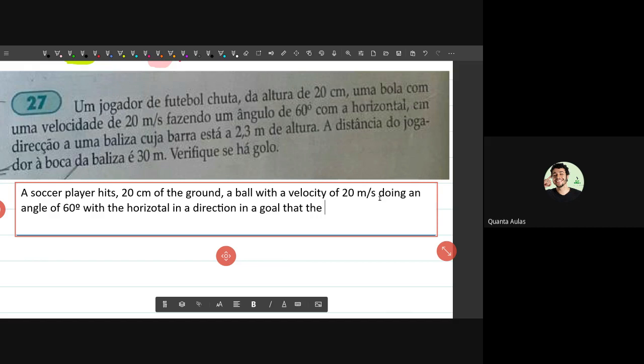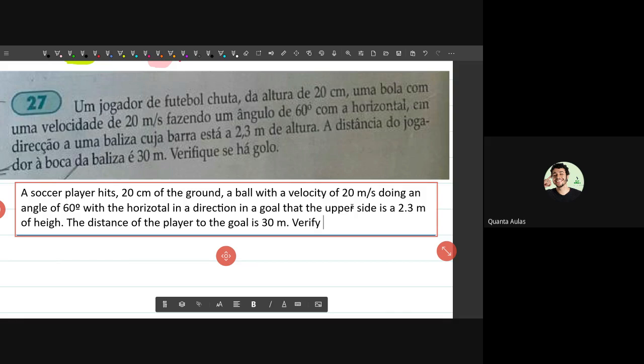And I suppose this is speaking about the goal of the soccer play. In Brazil we use another word for this, but it's the upper side of the goal. Yeah, upper side is 2.4 meters of height. The distance of the player to the goal is 20 meters.